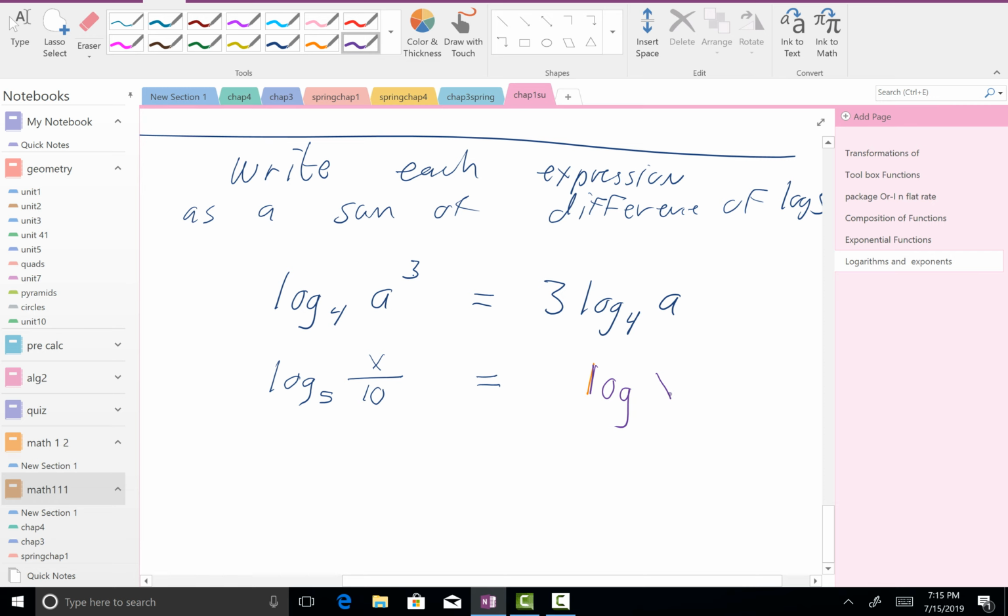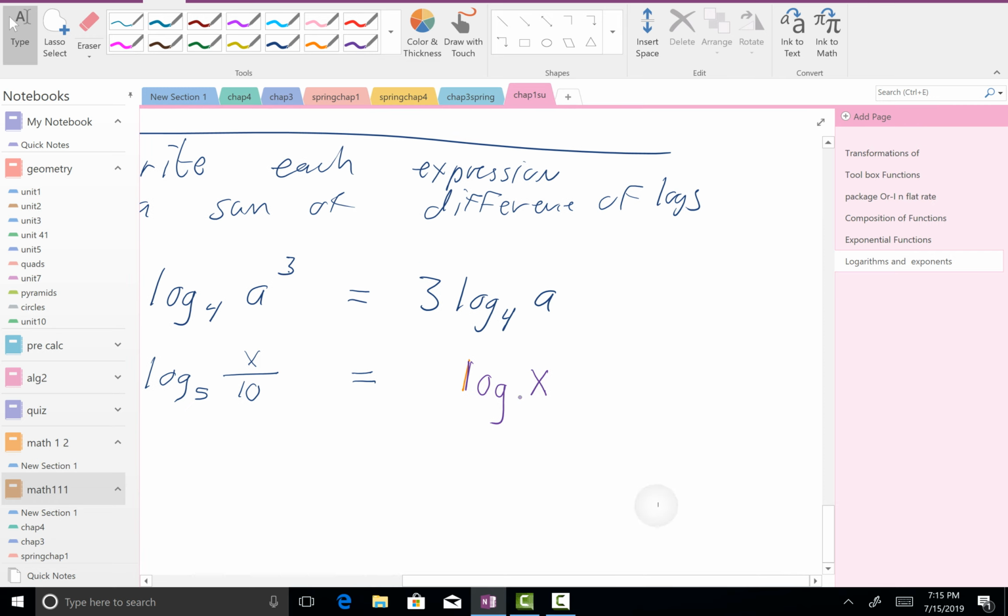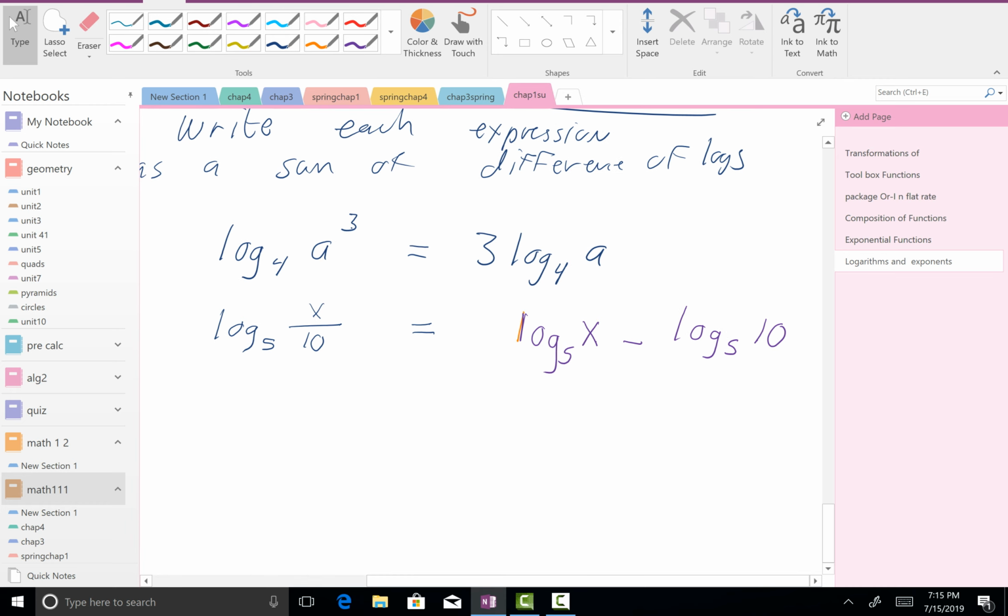Log of x, base 5, the base doesn't change, it's division, so I'm going to subtract log 10. That's all I got to do. I'm just rewriting these things.